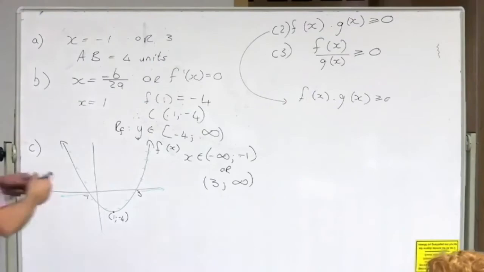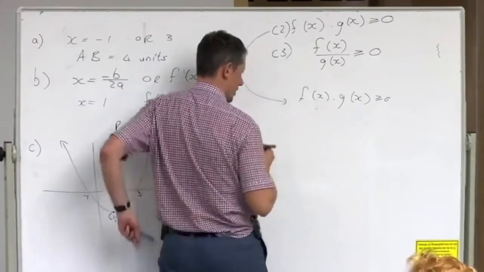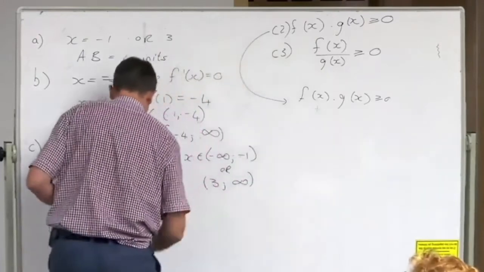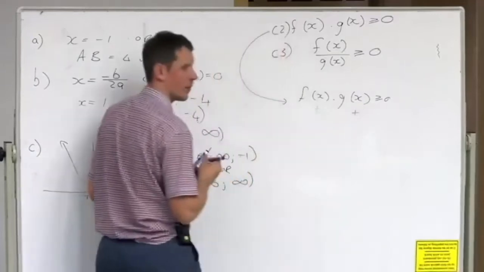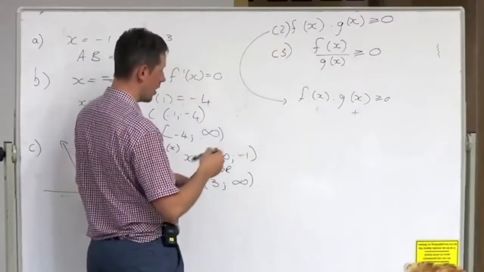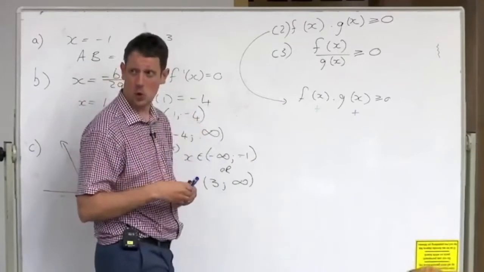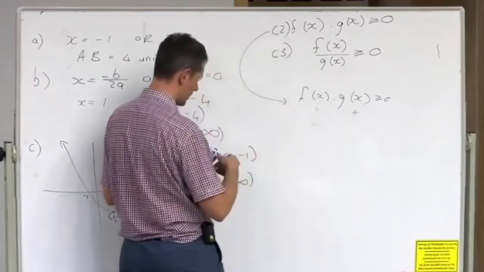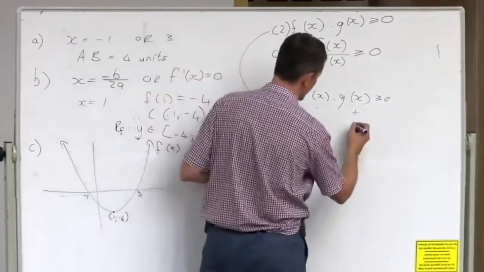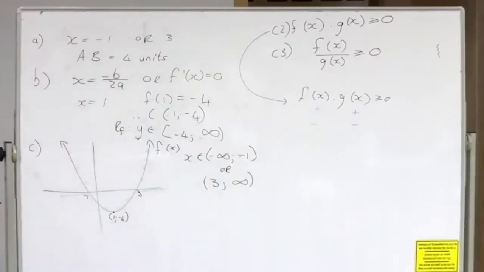In other words, I'm asking you, where is f of x positive and g of x is positive at the same time? Or where is f of x negative and g of x is negative at the same time? Because that's my two options, right?